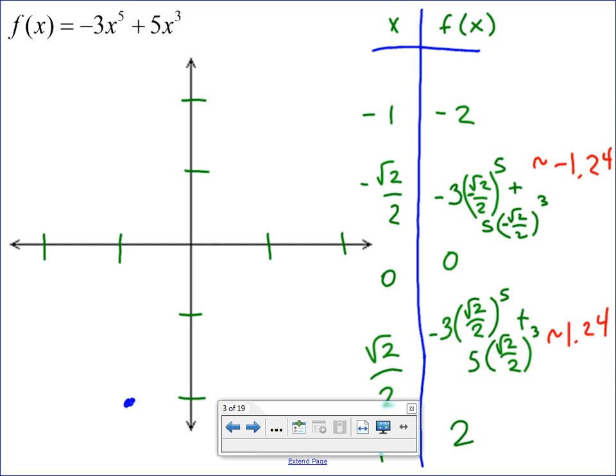-0.7, -1.24. That is a point of inflection. 0, 0. That is neither a local min nor a local max, horizontal tangent, but point of inflection.